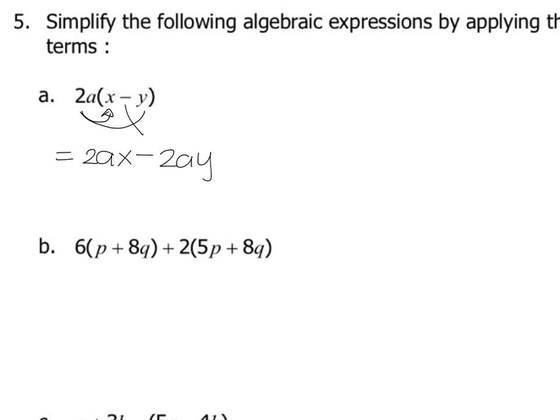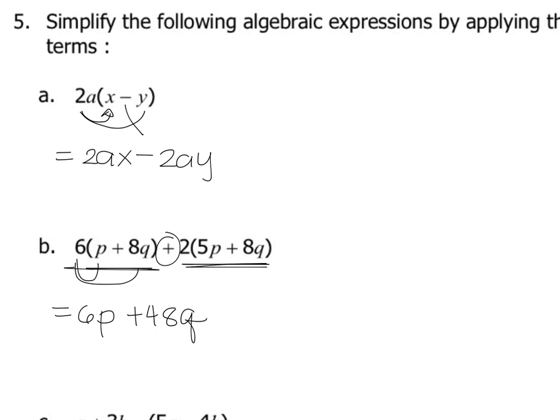In letter B, again, work on this group of expressions first before you add them. So 6 times p is 6p, 6 times 8q is 48q, 2 times 5p is 10p, and then 2 times 8q is 16q.